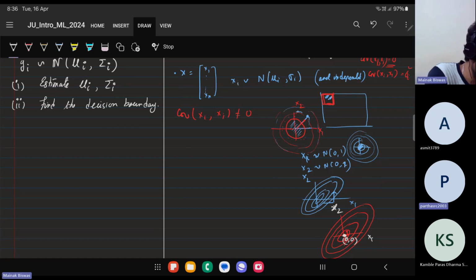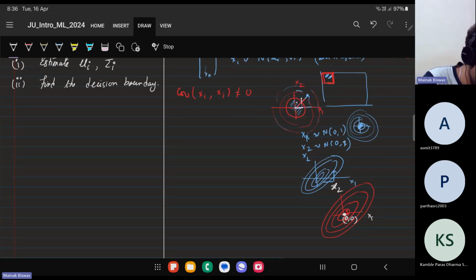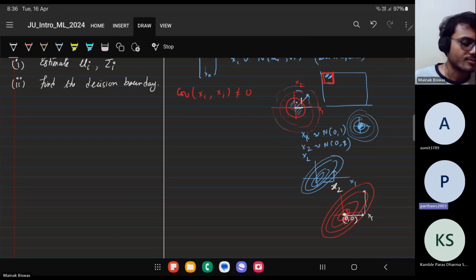But here you see, any point on x did not give me any idea about y. It was equally likely. So if you had x here, your y could be anywhere along y. But here you see, if x is far away to the right, you are more likely to have a larger y.